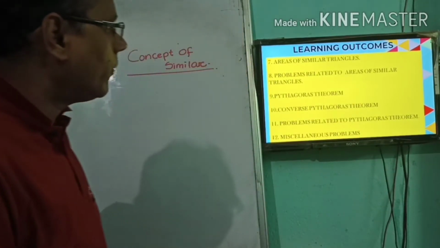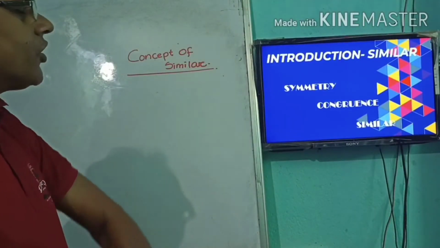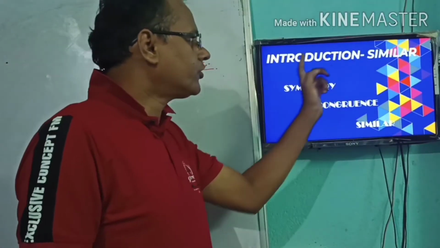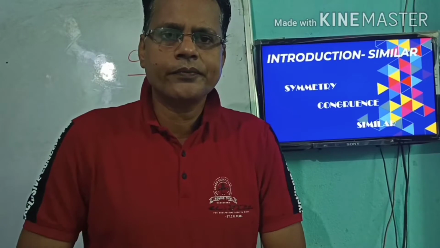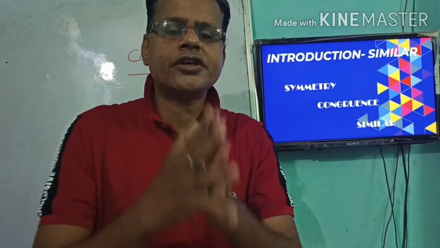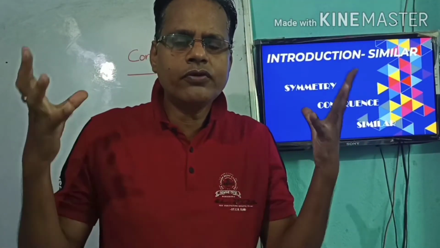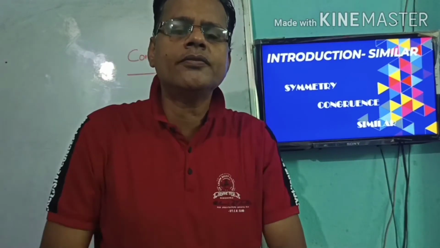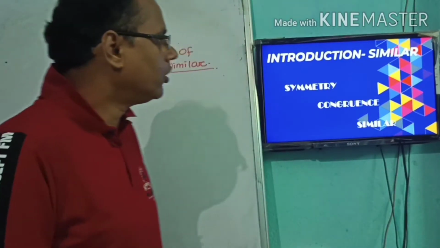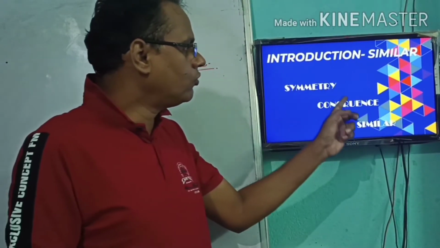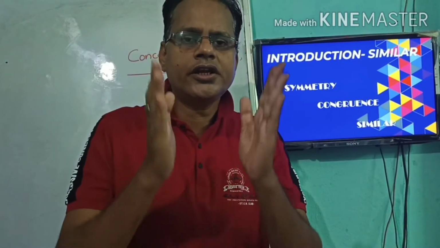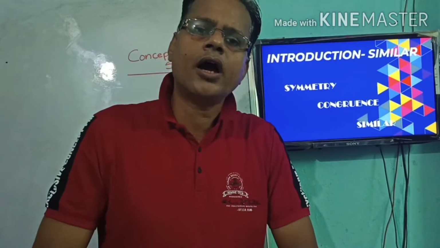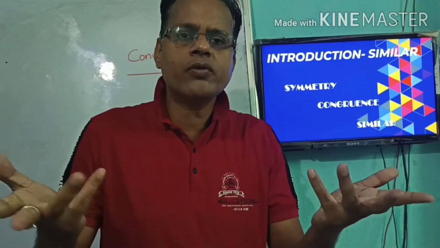Now come to the introduction, that is similar. Dear students, if you discuss the dictionary meaning of similar or equal, you know, that is symmetry, congruence and similar. The literal meaning of these three words is generally equal, equivalent.